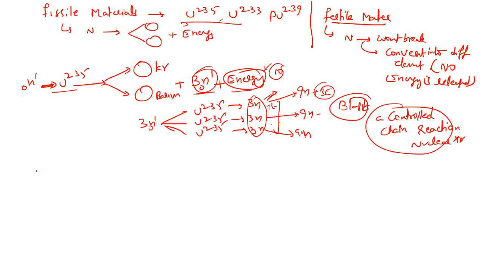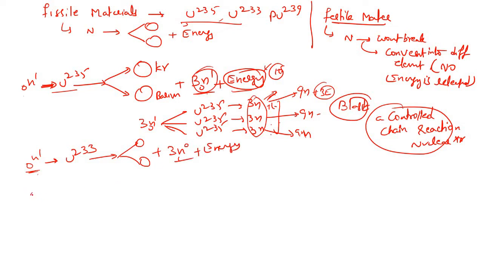Similarly, if we see uranium-233, when bombarded with one neutron, it will split into different elements. In that process energy is also released along with 3 neutrons.